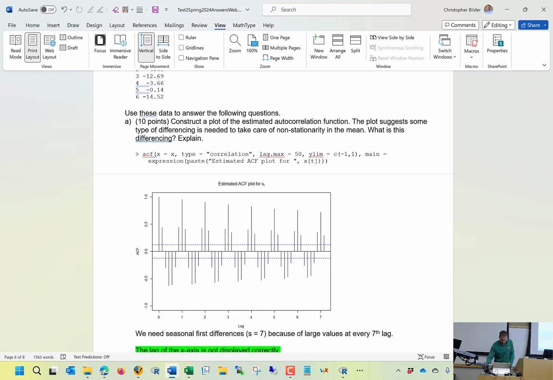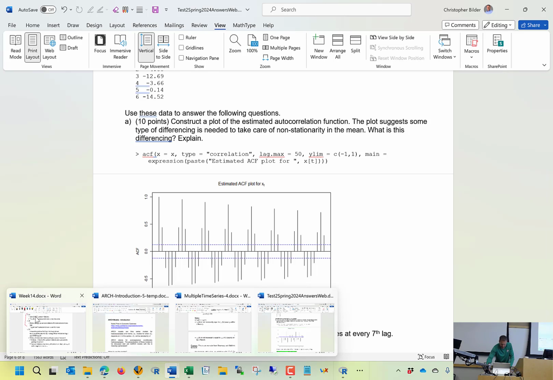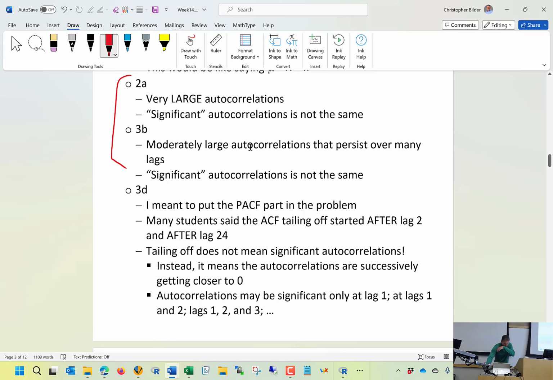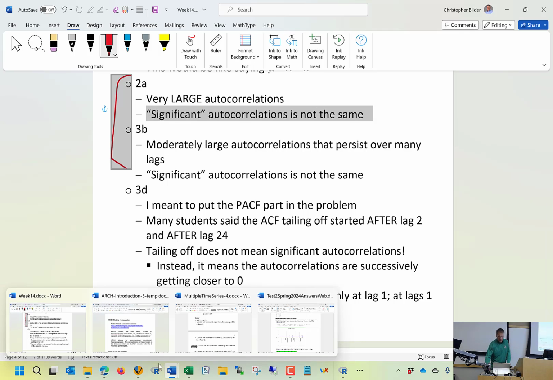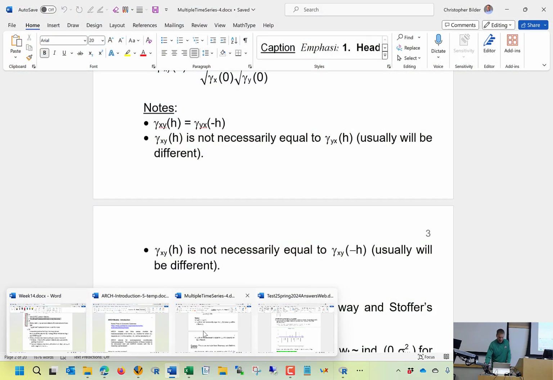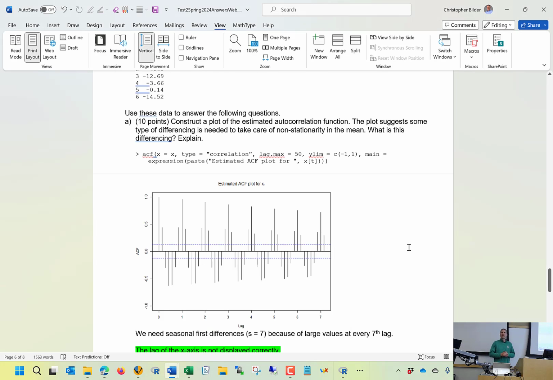But what students were often saying was, okay, I need to take first differences with respect to a season of 7 because I have significant autocorrelations every 7 values, every 7 lags. And indeed, that is correct. We are having these significant values every 7.